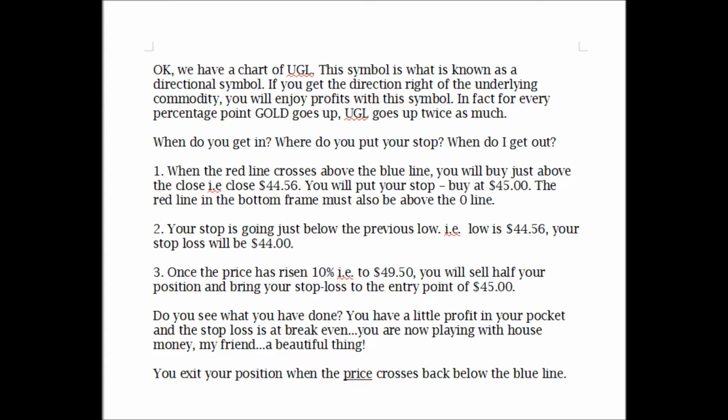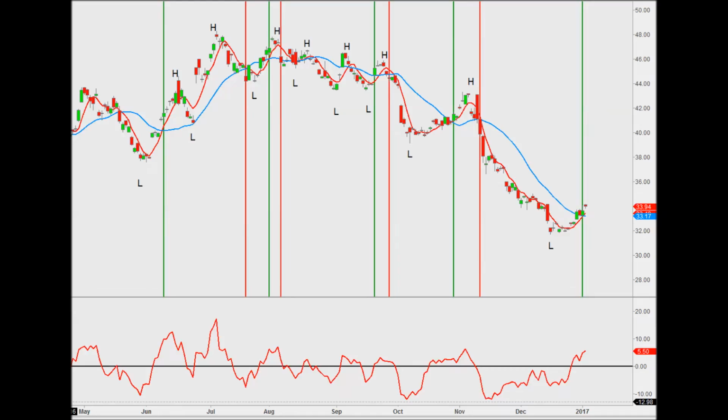And once the price has moved up 10%, we're going to take half the position off the table, and we're going to move our stop loss to the point that we entered the trade. This is the break-even point.